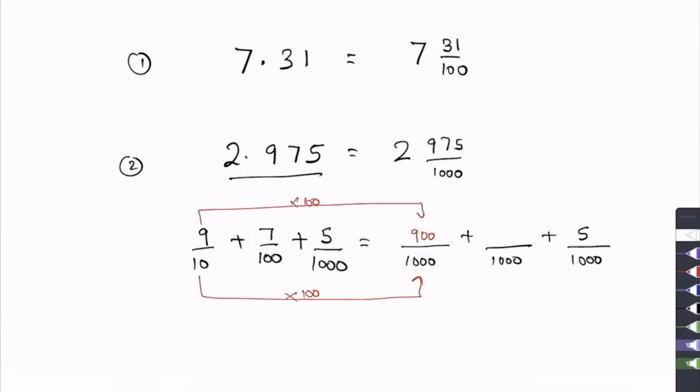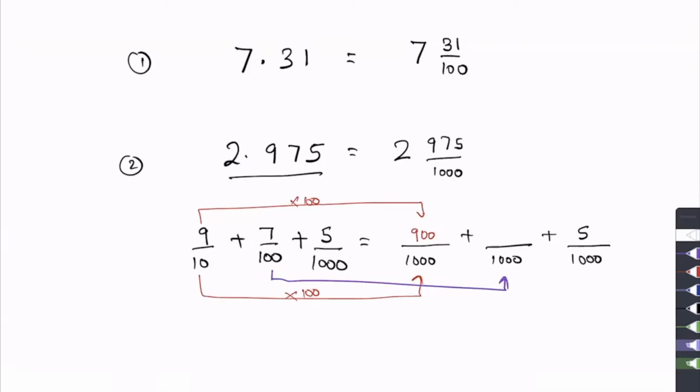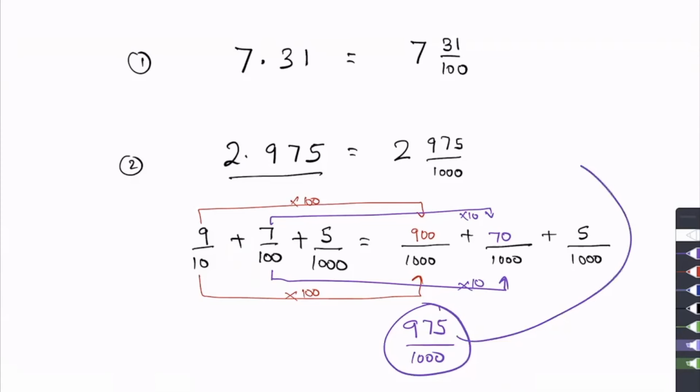I then look at the 7/100 over here. That needs to be multiplied by 10. So I multiply my 7 by 10, and I get 70. And now you can see 900 plus 70 plus 5 gives me 975/1000, which is why we write that straight away as 975/1000.